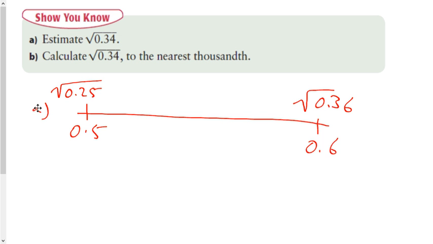Now what we're going to do here is add an insignificant 0 there, because it's going to help me fine-tune my estimation. If I had to put this black dot somewhere on that number line to represent the square root of 0.34, would you think it's right in the middle? Over here? How about over here? How about right there? Does that look about right? More right? No. How many agree that's pretty darn good?